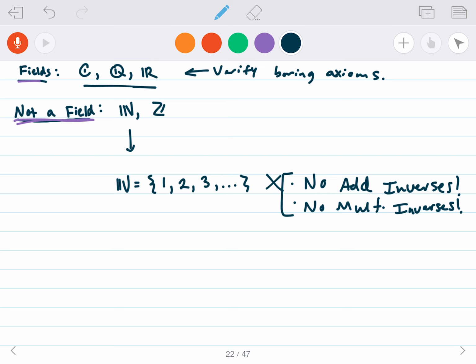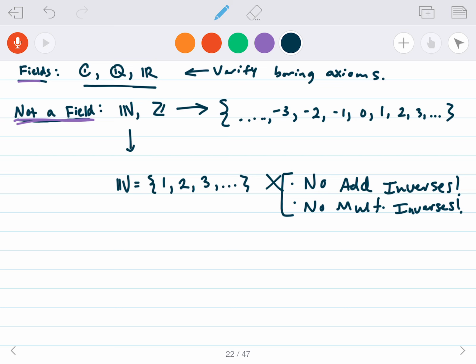Okay, so the integers are not a field either. Because, yeah, we have additive inverses in the integers. The integers are what we call a ring. Maybe we'll talk about rings, but probably not. I don't know. But there are no multiplicative inverses. Other than 1, which has its multiplicative inverse in there, these are called units, but whatever.